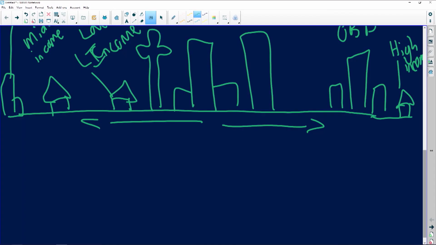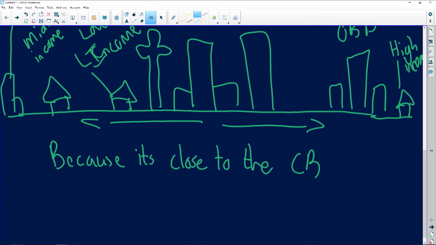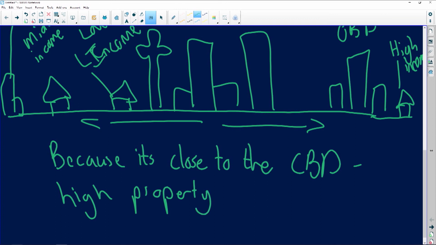We already discussed that question earlier when we looked at the high-rise buildings, because buildings are rather going up than expanding because of the property value that's so high in the CBD. So that will answer our question: because it's close to the CBD and it's got high property value.